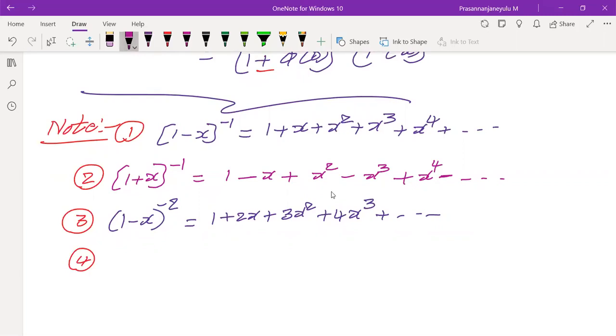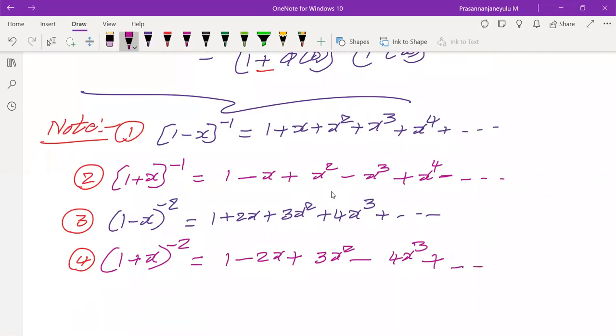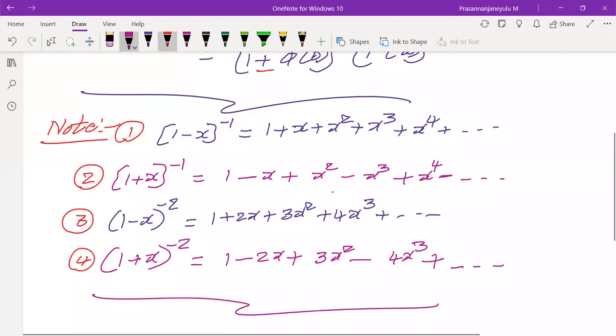In the same manner, what is the formula of 1 plus x whole power minus 2? The terms we got in the previous formula we will get the same, but the signs will change alternatively. Yes or no? The first term is plus, next term is minus, plus, minus, plus, next term will get 5x power 4 minus and so on. So these are the formulas that will be useful for us.